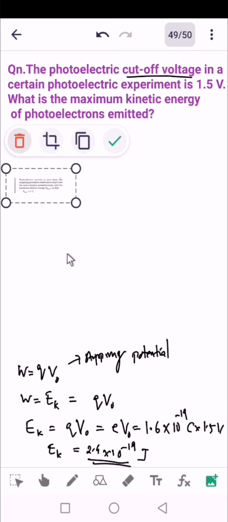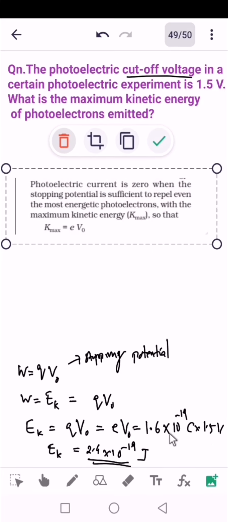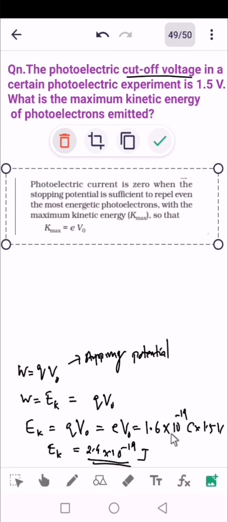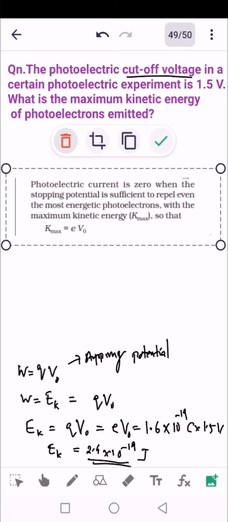We will be discussing the theory part once more, so let's take a look at the theory part. Photoelectric current is zero when the stopping potential is sufficient to repel even the most energetic photoelectrons with the maximum kinetic energy, so the maximum kinetic energy value will be equal to eV naught.